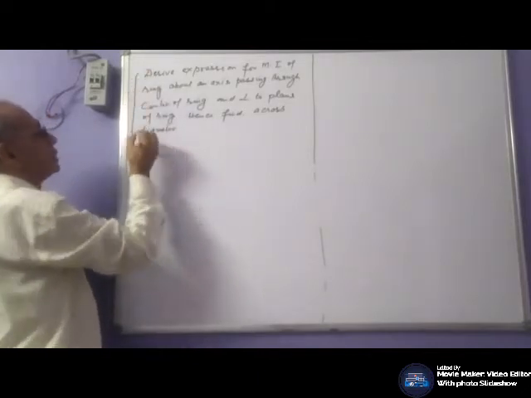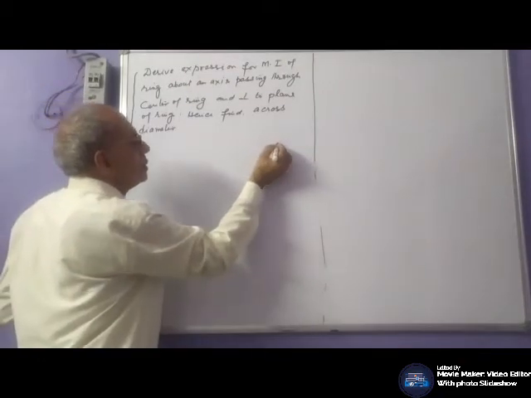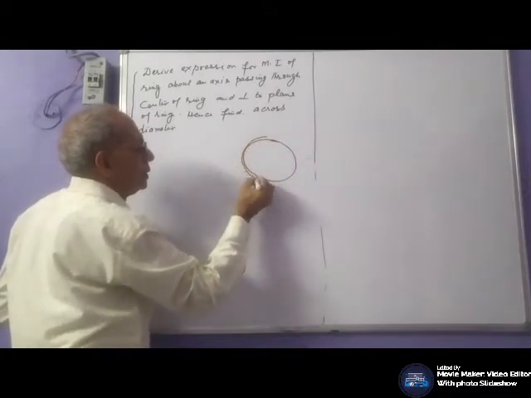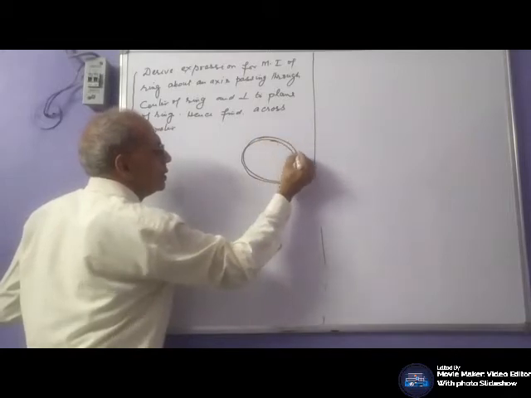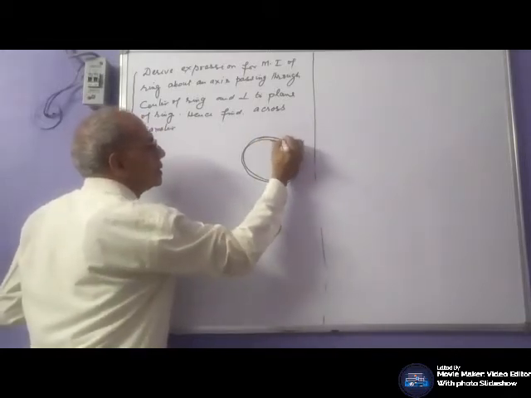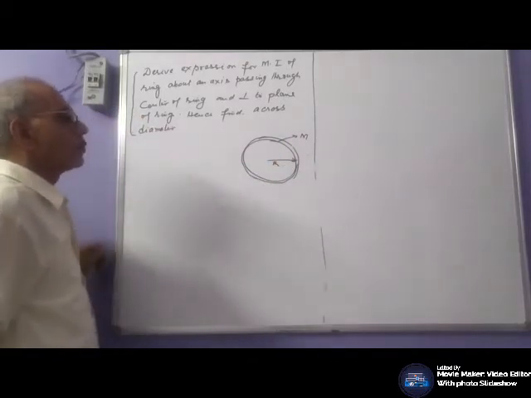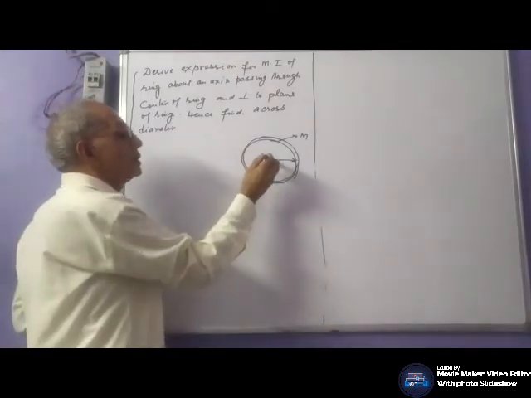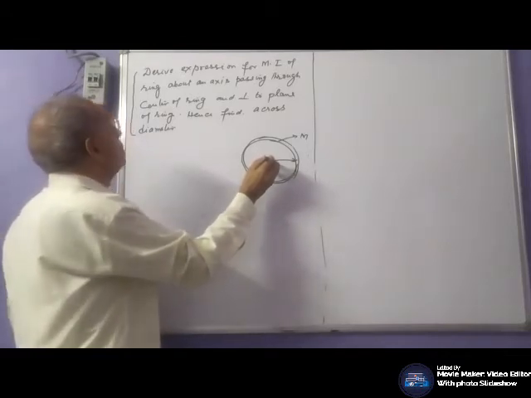This is a question. This is a ring, a uniform ring. This is its mass and this is its radius. This is at the plane of the board. The marker is the axis about which we want to find the moment of inertia.